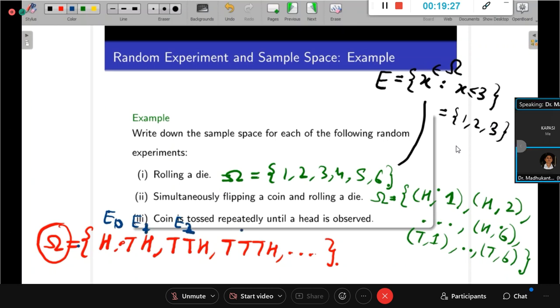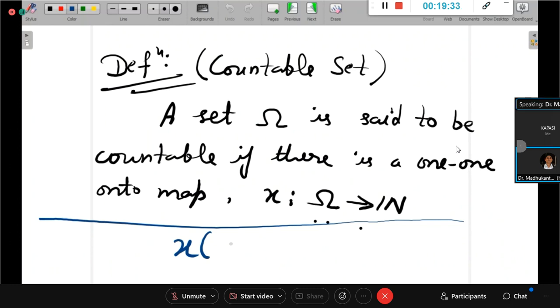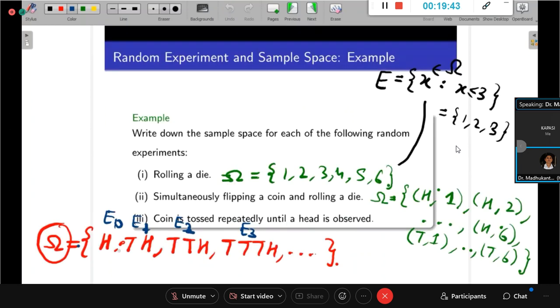The next one I will take as E3 and so on. Now x of Ei is equal to i. If you drop this first one, it doesn't matter to countability.